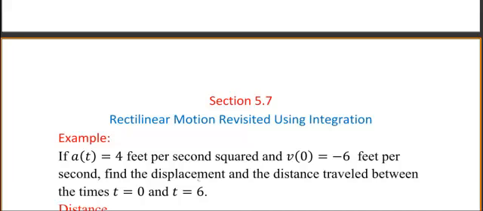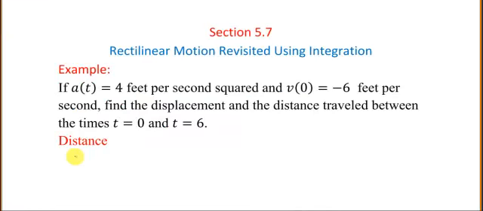All right, the distance is going to be the integral from 0 to 6 of 4t minus 6 dt in absolute value. It'll be the integral of the speed. And so let's see, 4t minus 6 is equal to 0 when t is equal to 3/2.